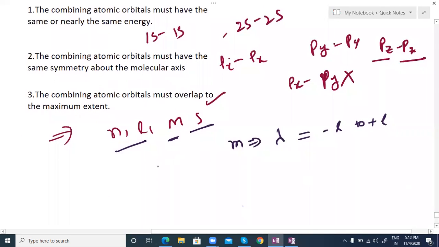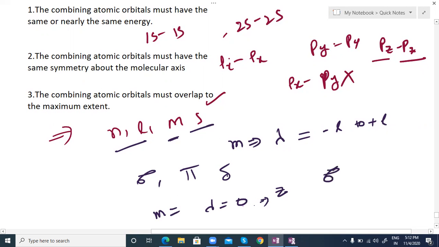So here we have three types of molecular orbitals: sigma, pi, and delta. With respect to lambda equal to 0, that is the molecular axis, which in most cases I take as the z axis. Which one has m equal to 0 or lambda equal to 0 can form a sigma bond.